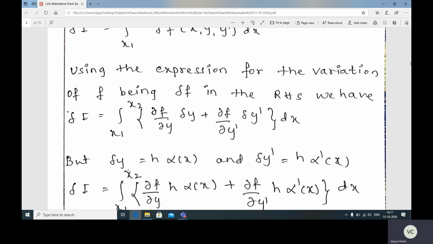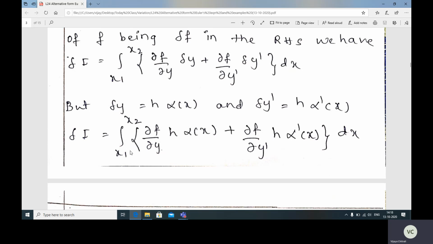But we know that delta y is equal to h into alpha of x and delta y dash is equal to h into alpha dash of x. So using these two results in this equation, we get the integration from x1 to x2 of dou by dou y of f into h alpha of x plus dou by dou y dash of f into h alpha dash of x dx.